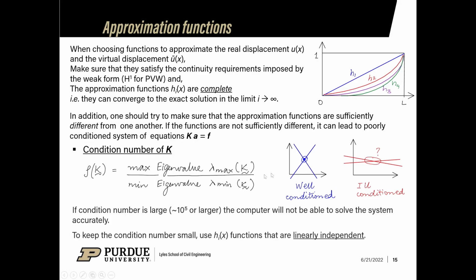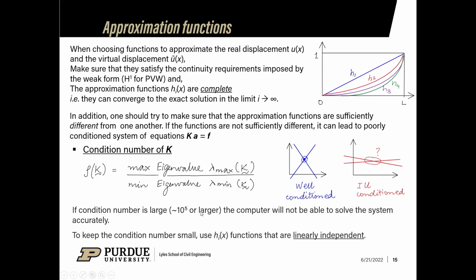Typically in MATLAB or most programming languages, if the condition number of the matrix is 10 to the 5 or larger, the computer throws up a warning that the system is not well conditioned and you may not get a good solution.